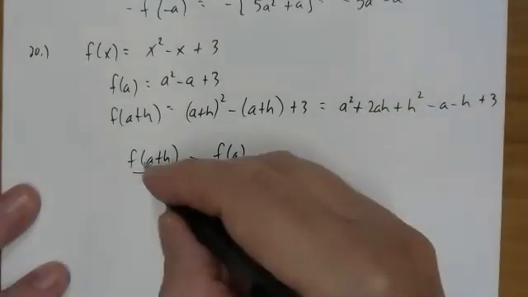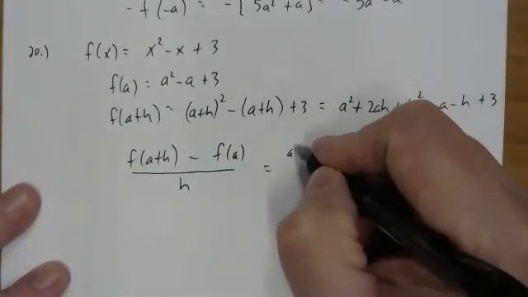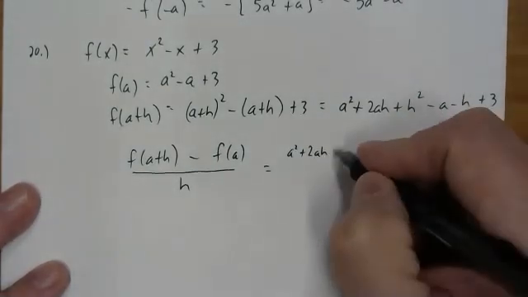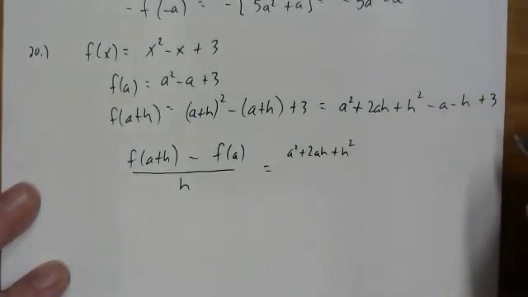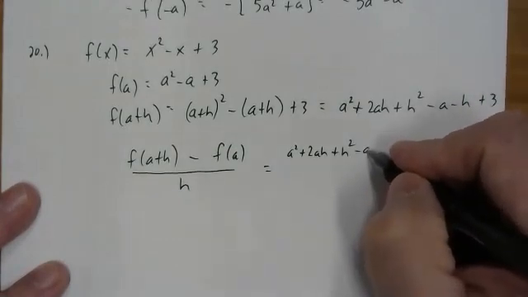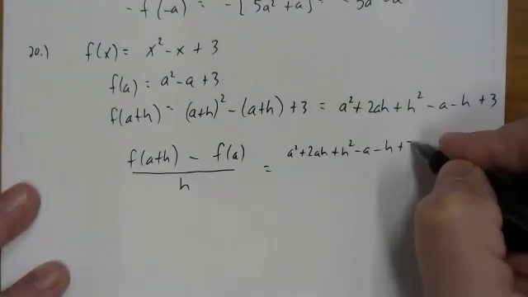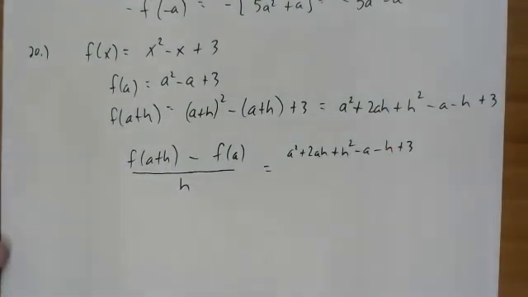I'm going to put this whole thing in for f of a plus h: a squared plus 2ah plus h squared minus a minus h. So that's f of a plus h.